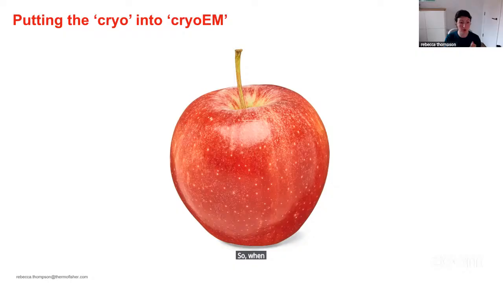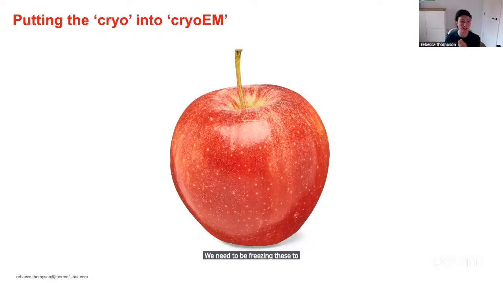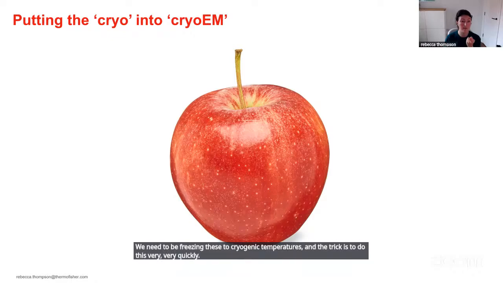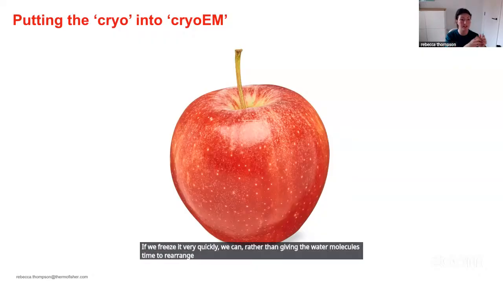So when it comes to cryo-electron microscopy, when we're freezing our protein samples, we need to be freezing these to cryogenic temperatures. And the trick is to do this very, very quickly. If we freeze our sample very quickly, rather than giving the water molecules time to rearrange into solid ice crystals and disrupt our sample, we capture that water in a disordered state.